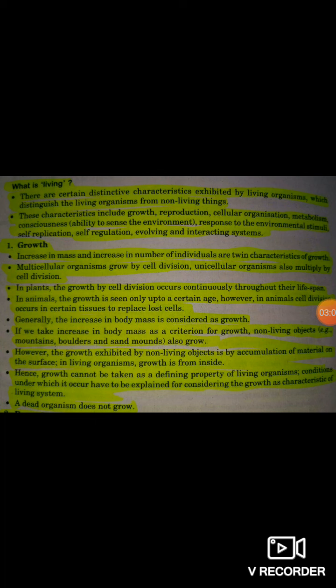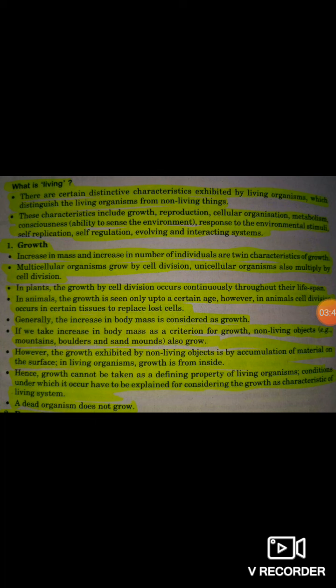Generally, the increase in body mass is considered as growth. If we take increase in body mass as a certain form of growth, non-living objects, for example mountains, boulders, and sand mounds also grow. However, the growth exhibited by non-living objects is by accumulation of material on the surface.